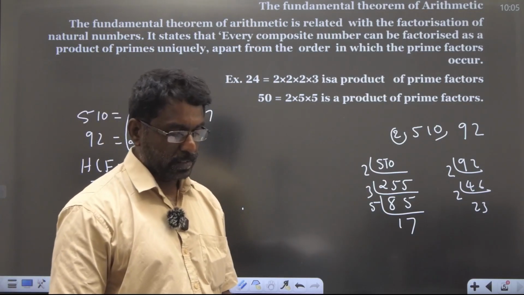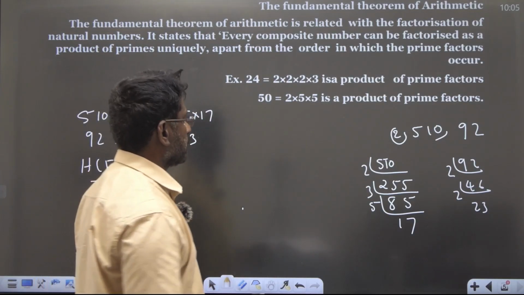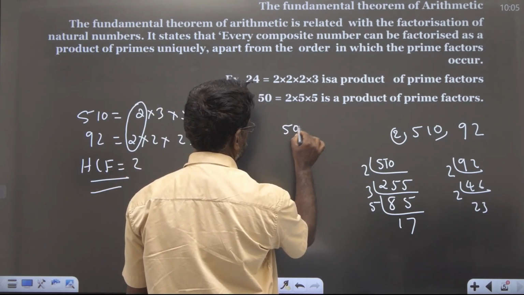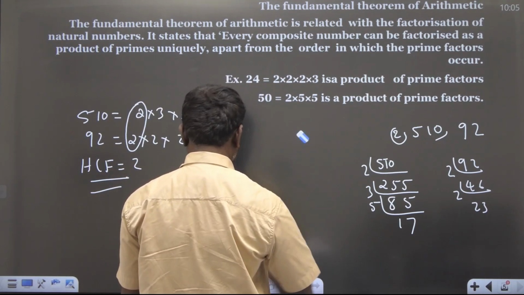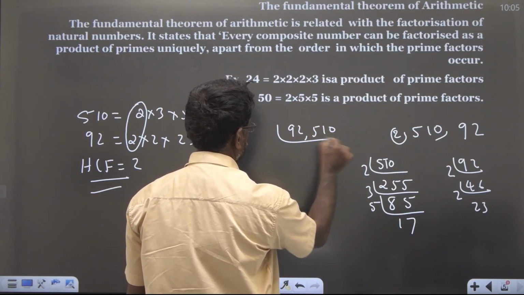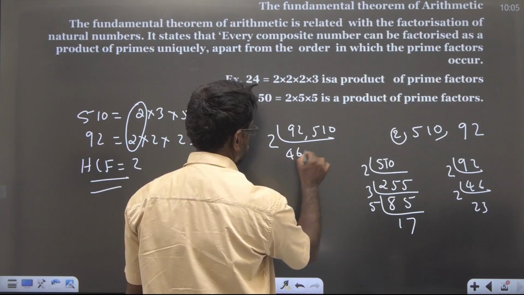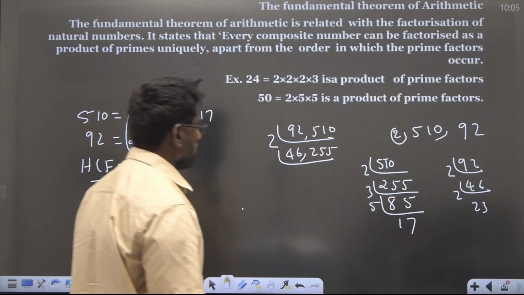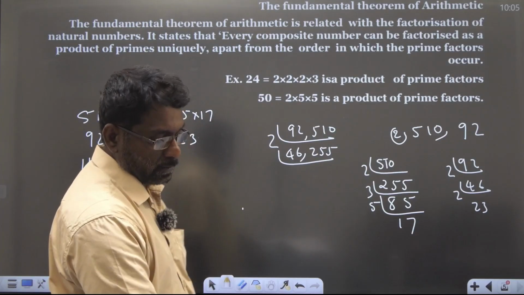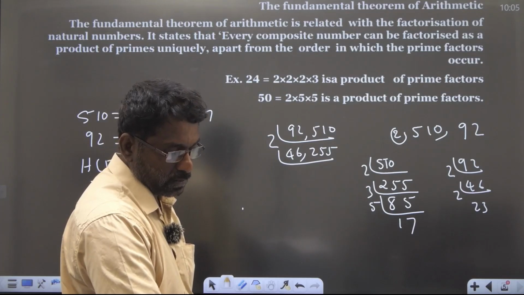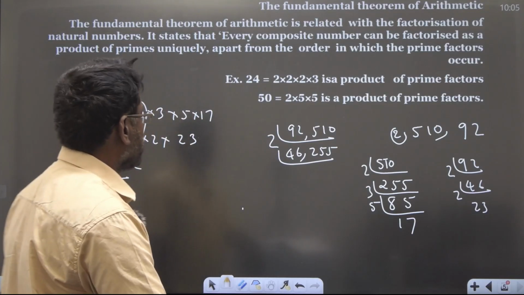Then find the LCM, the least common multiple. How can we find the LCM? Take 92 and 510: divide by 2 to get 46 and 255.